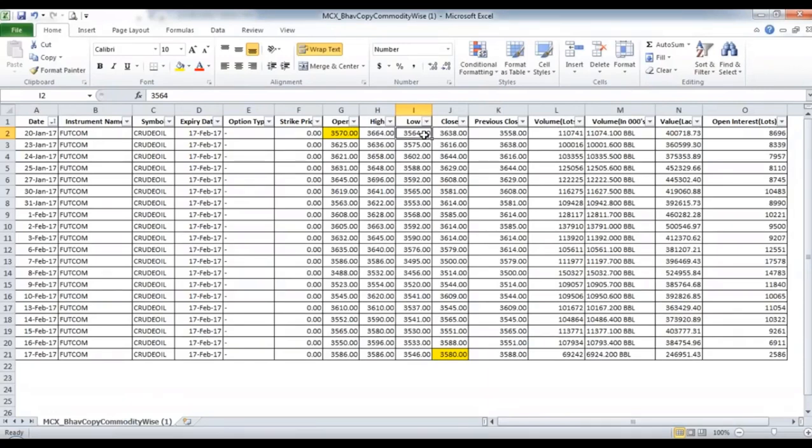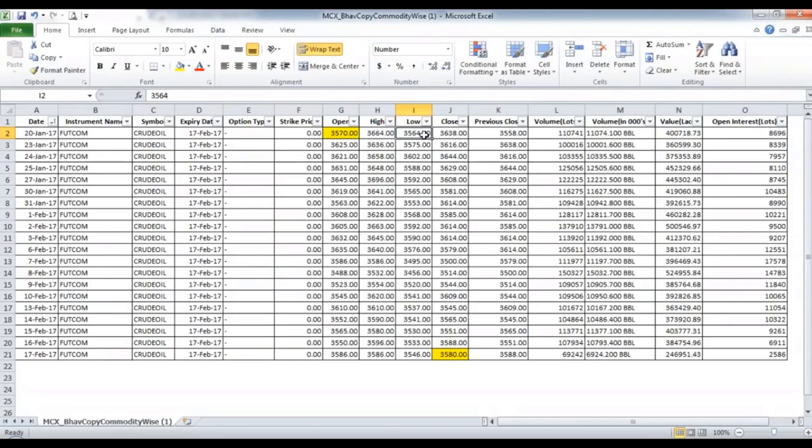Guys, do you know the pattern of the international market of commodities? No, sir. Okay. In the international market of commodities, markets open on Monday and they directly close on Friday. In between, it doesn't close.